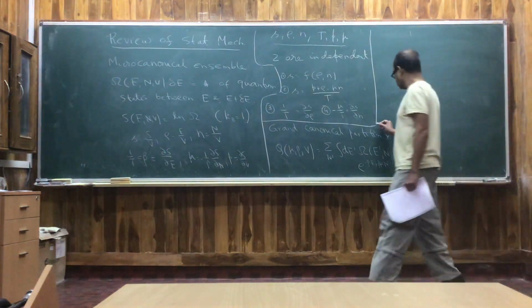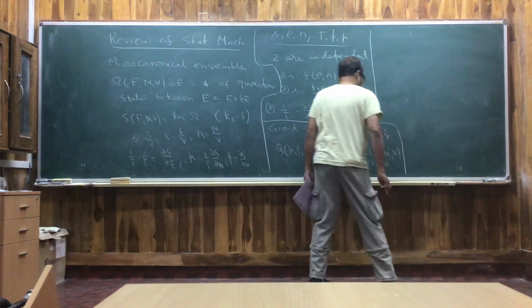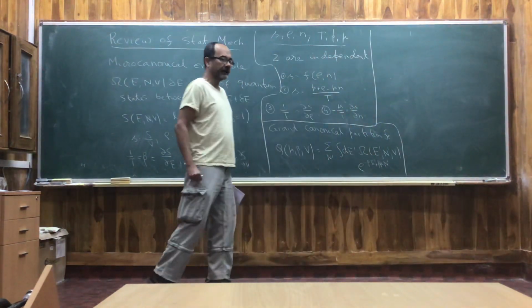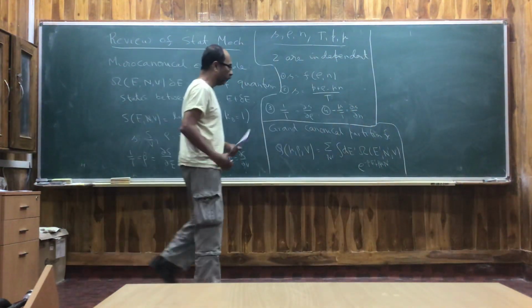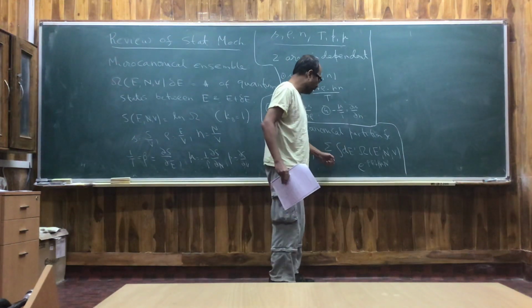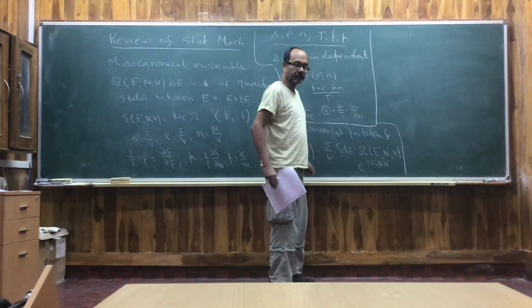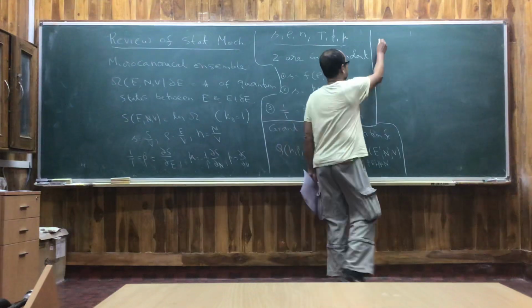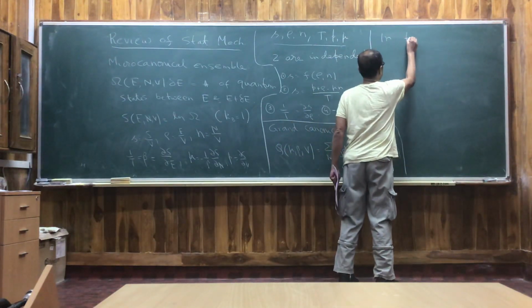The reason that it's useful is because of the thermodynamic limit. This receives contribution only from some particular value of E prime and N prime. So in the thermodynamic limit, only one E prime and N prime dominate.